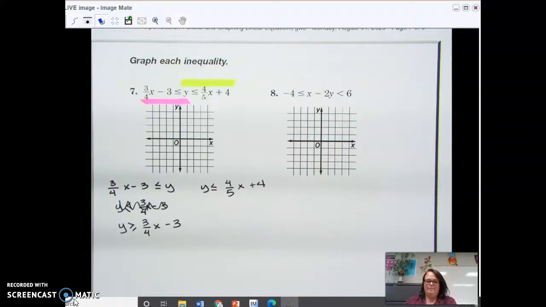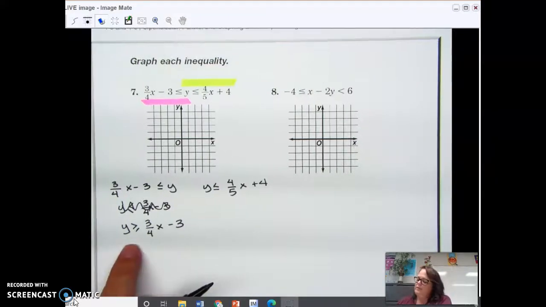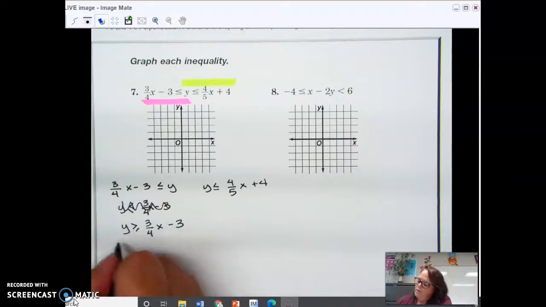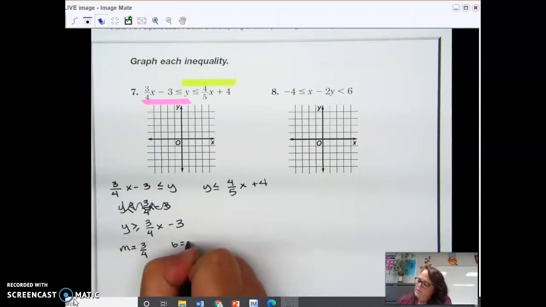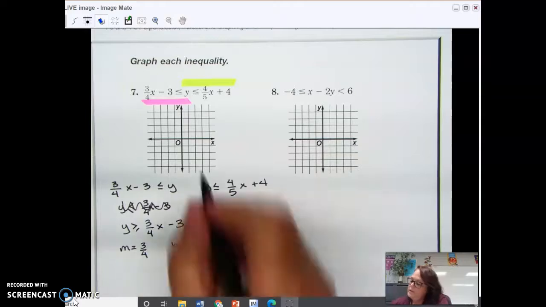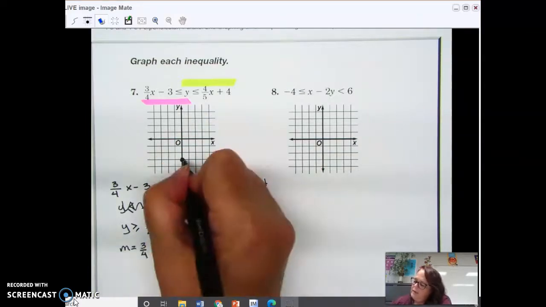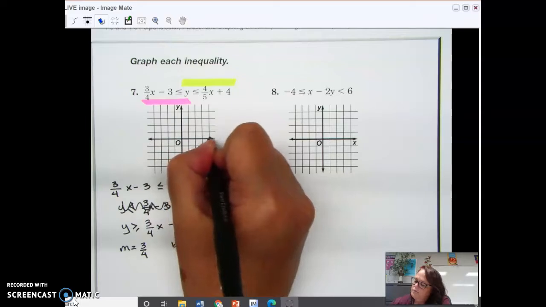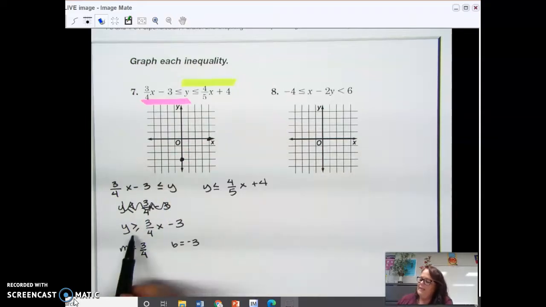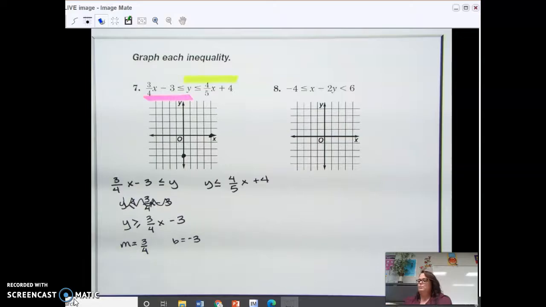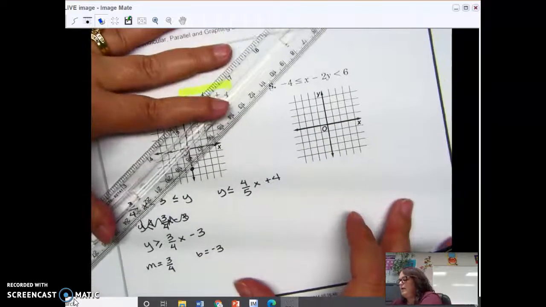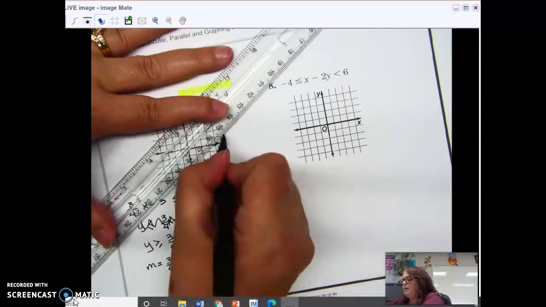All right. So just focusing on this one, I've got a slope of 3/4 and I have a y-intercept at -3. So -3 is going to be my starting point. And then here I'm going to count up 3 and to the right 4. Looking at my inequality, it does give me the opportunity for or equal to, so I'm going to go ahead and make this solid.